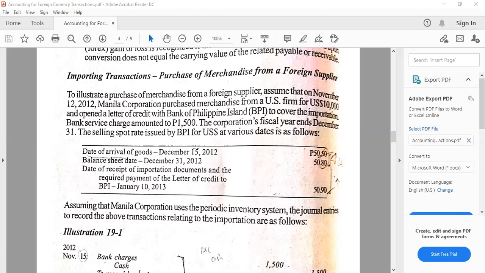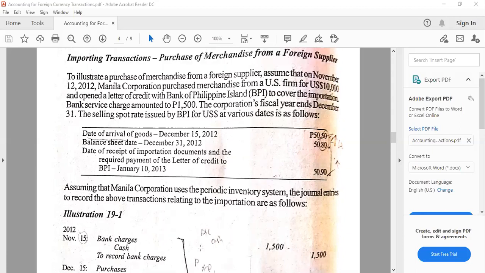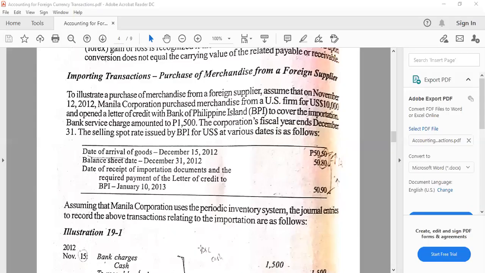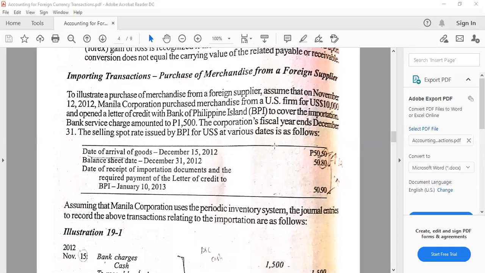Then also, we have to take note that in this particular type of transaction, like the purchase of goods on account, there is a liability when the goods have been delivered to us. Normally, that's the system or the setup.